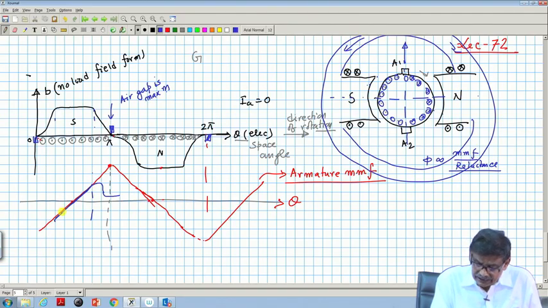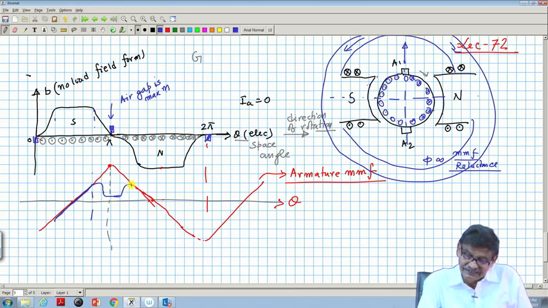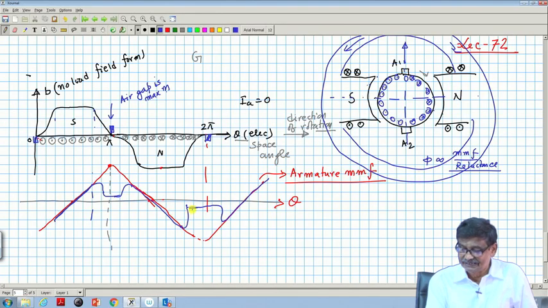During this zone, the air gap is minimum and almost uniform. Then it will be like this. Then once again it will be something like this here. Getting the idea, and it will be somewhat like this.